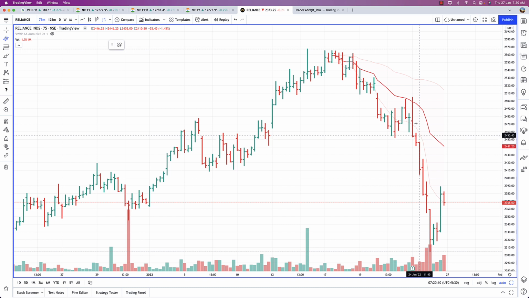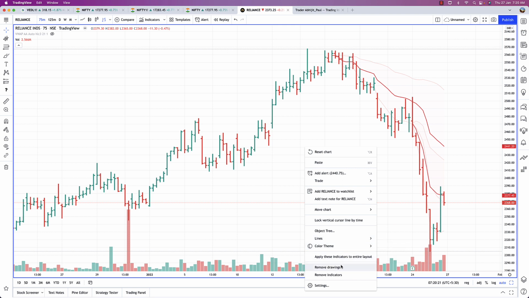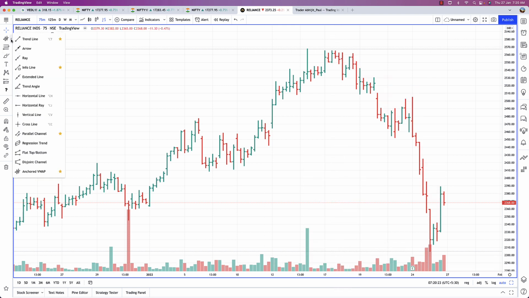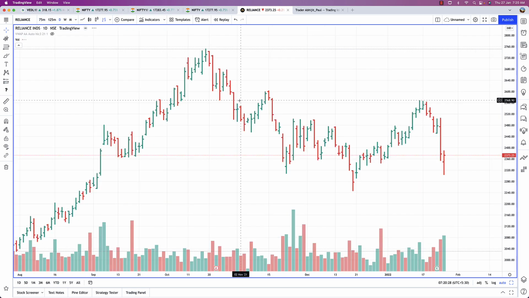So I know from this point to the last point, this is my rolling resistance, if you call it. And then if you want, you can click on this one also, 2 different time frames, and this gives you another one. So it gives me a good perspective of the supports and resistances. When I use it as a tool, anchored VWAP down here, I get to select the highs and the lows.